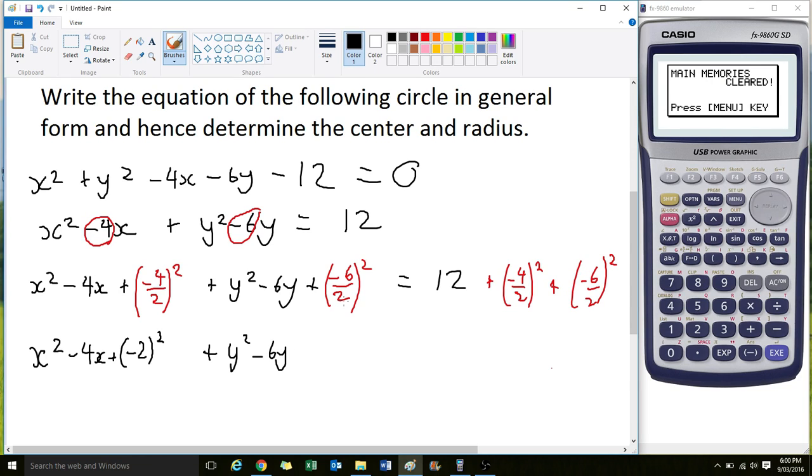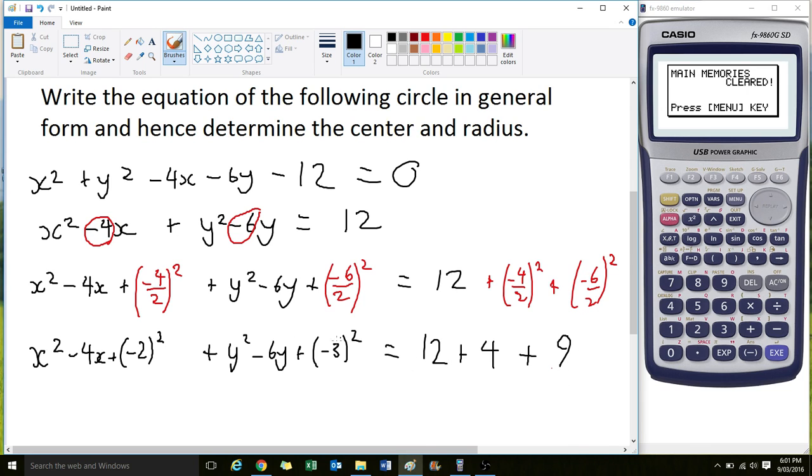Now, minus 6 on 2 is minus 3, so we've got plus, I'll put it in brackets, minus 3 squared, and this is equal to 12 plus, now let's just calculate these ones, minus 4 divided by 2 is minus 2, and minus 2 squared is 4, okay, so we have plus 4, then over here we have minus 6 divided by 2 is minus 3, and minus 3 squared is 9, okay.